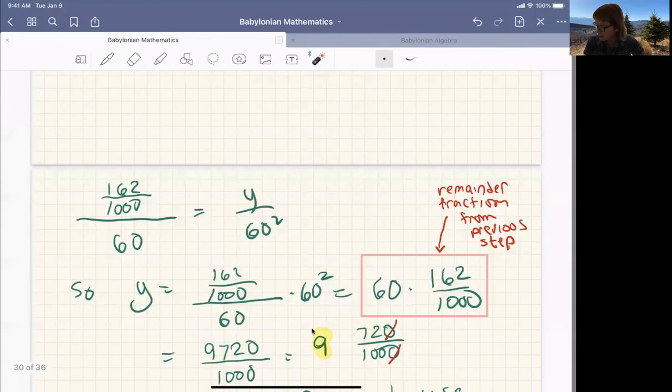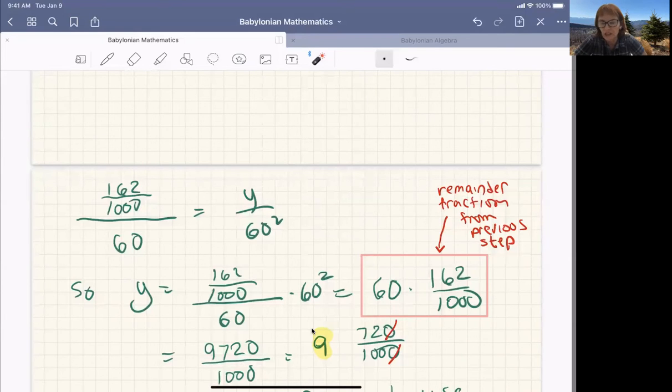So let's go ahead and multiply that out. The numerator is 9,720, which is 9 plus this fraction. The fraction has a common factor of 10 in the numerator and denominator. I'm going to get rid of that to make my fraction simpler.